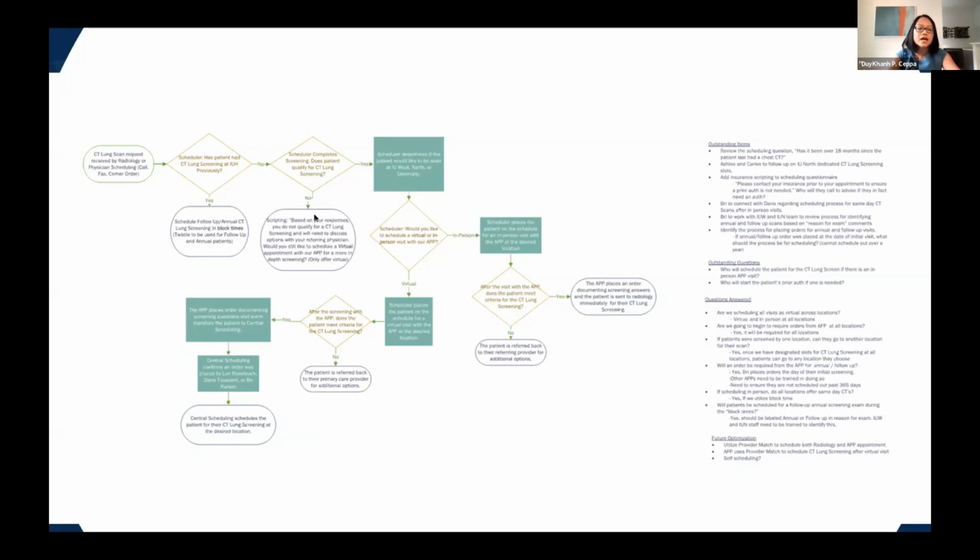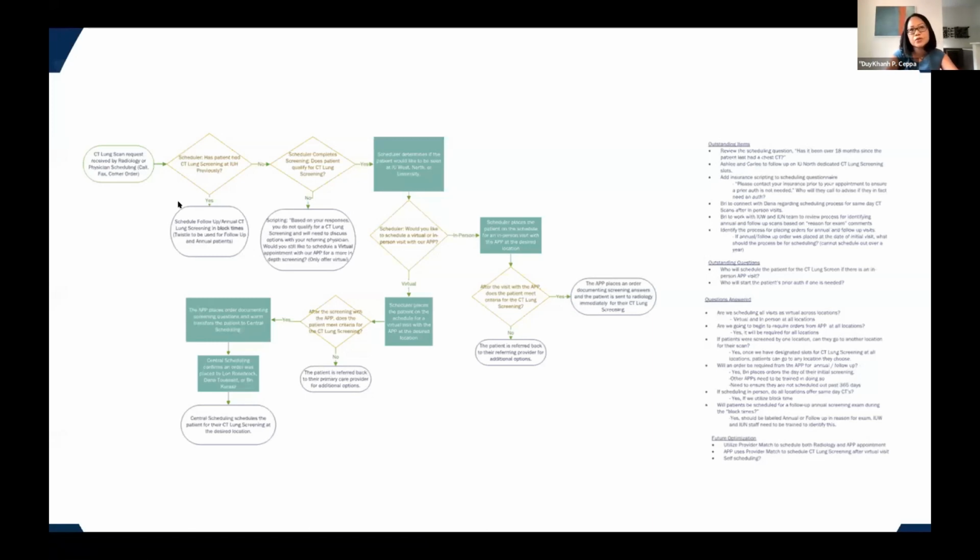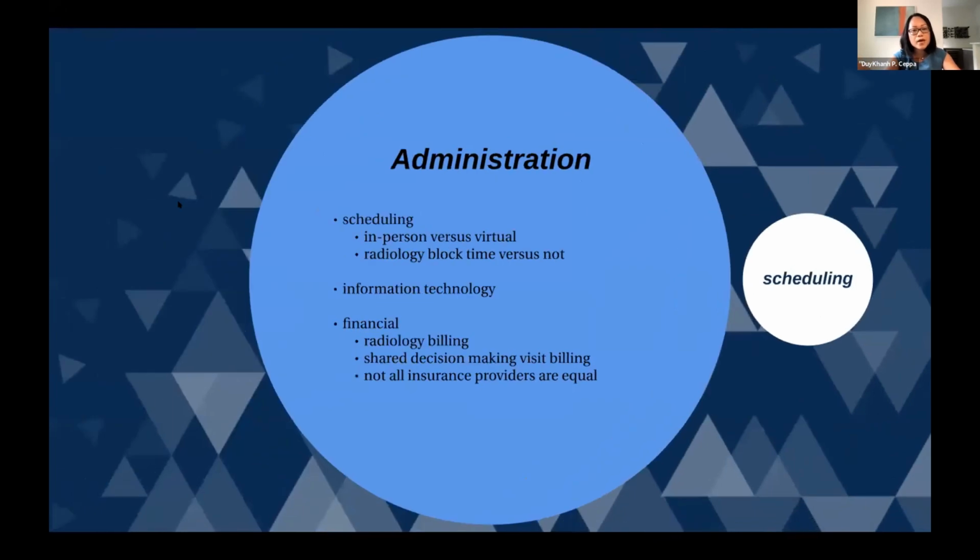You call the number, our schedulers pre-screen the patients for eligibility. Then they ask, do you want to have your scan done at downtown, west or north? Do you want it virtually or do you want it in person? And as you can imagine, all that can be quite confusing. Not all systems have to be quite that busy or that complicated. On the other hand, it's important to be deliberate about the planning of the scheduling process so that the patients themselves have a very easy, smooth process.